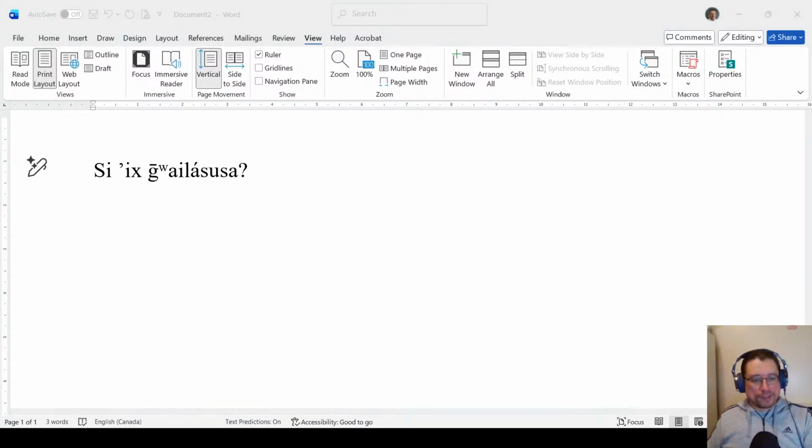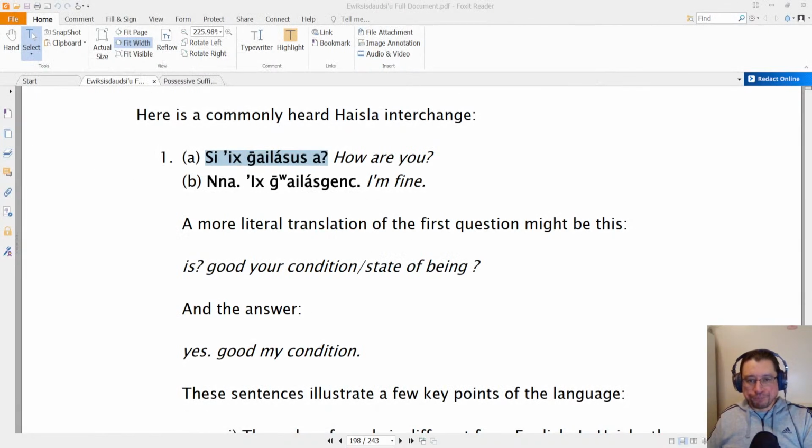And if we go back to the original document, he says that si eich gwela susa means how are you? I would say that it translates more to something like, are you good?